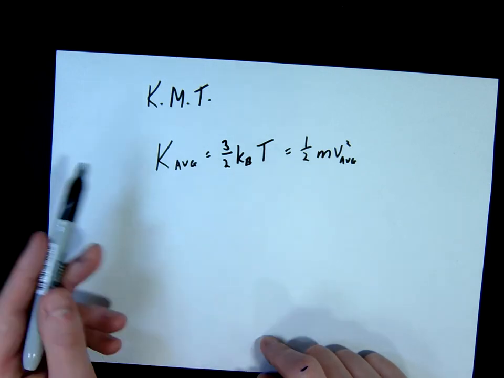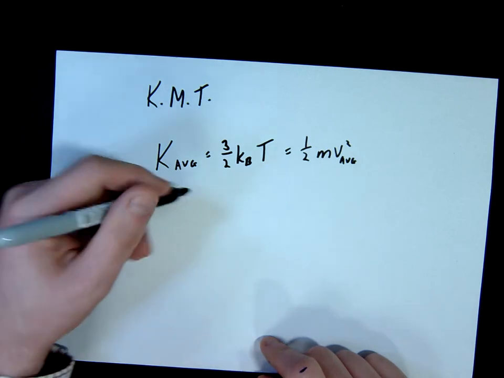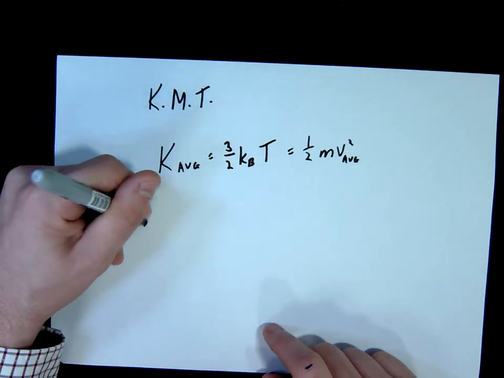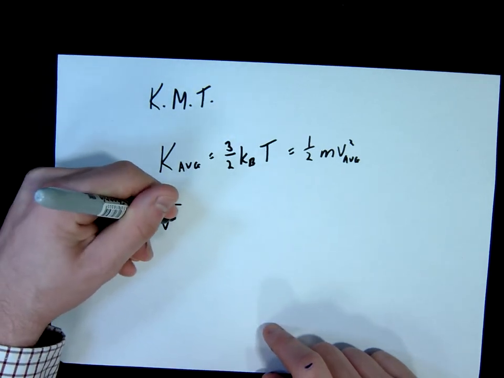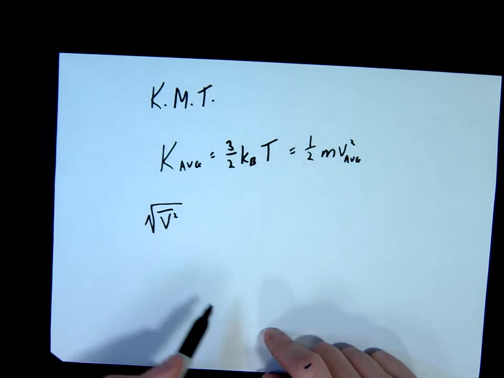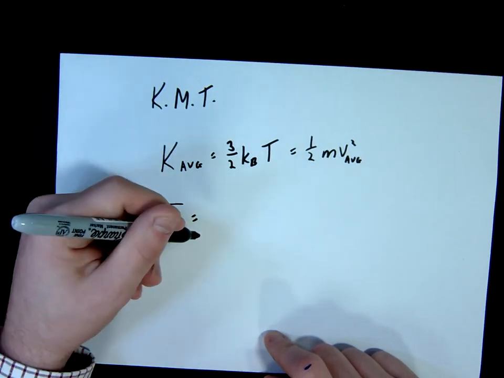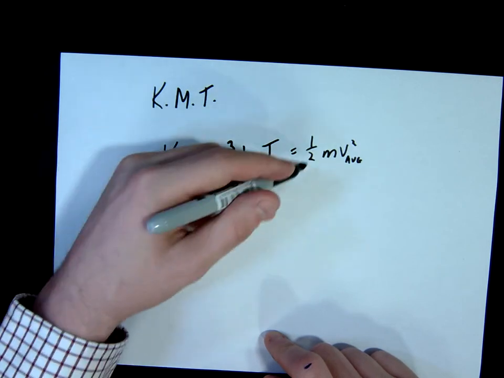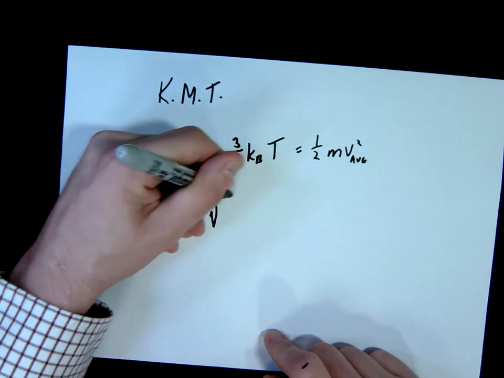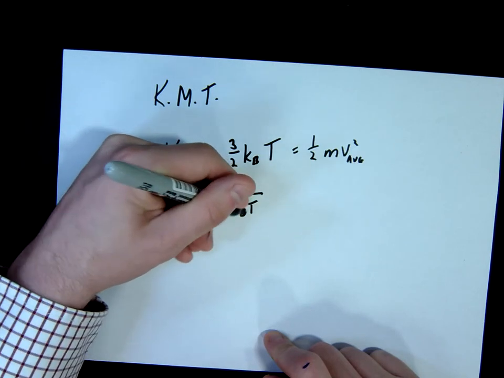When you move this around, what you're ultimately going to get is something I'll write like this. Instead of writing v average squared, I'm going to put a little bar above it and call it the square root of the average of the squares. It's kind of awkward to say, but after moving that around, that's going to be equal to the square root of 3 k_B T over m.